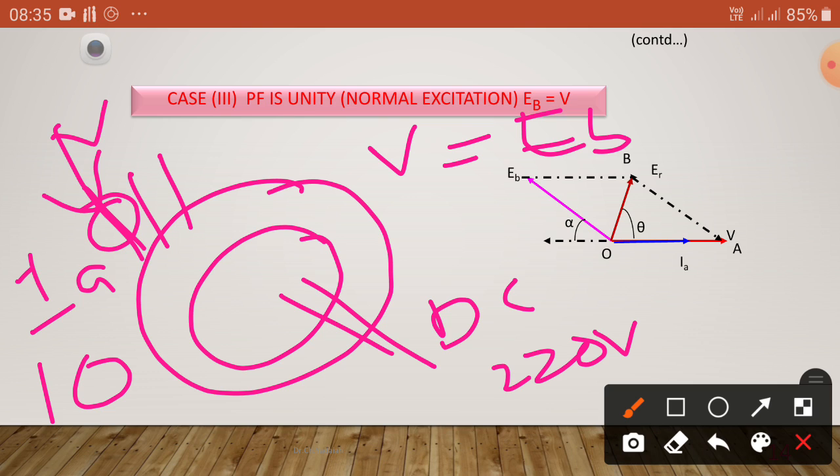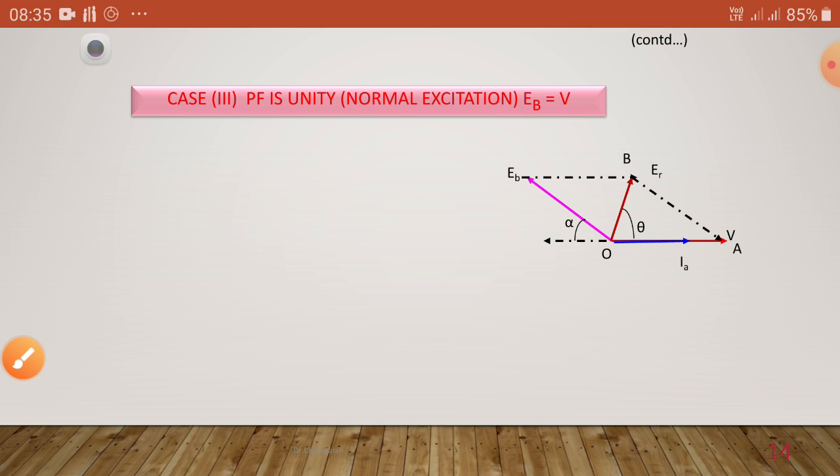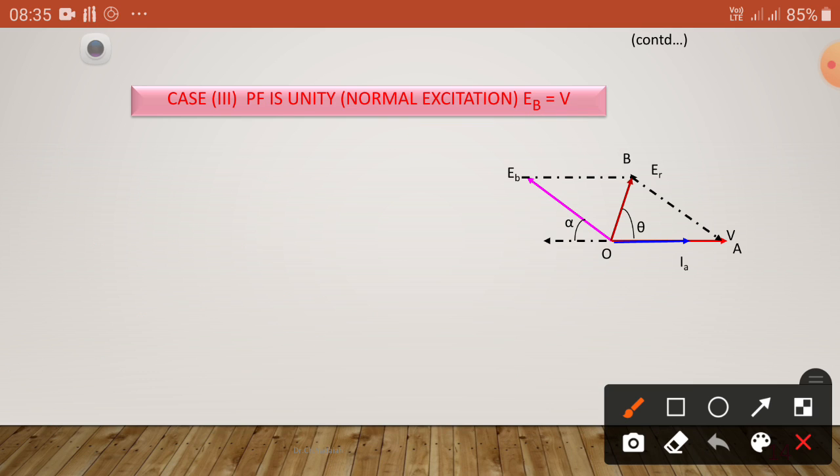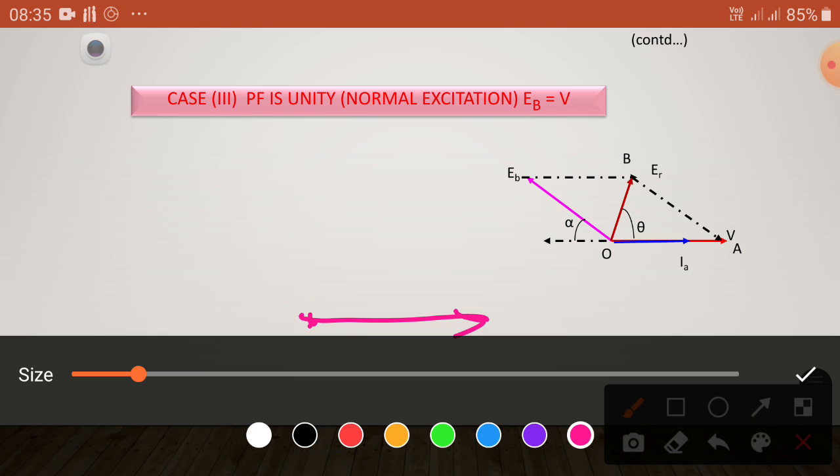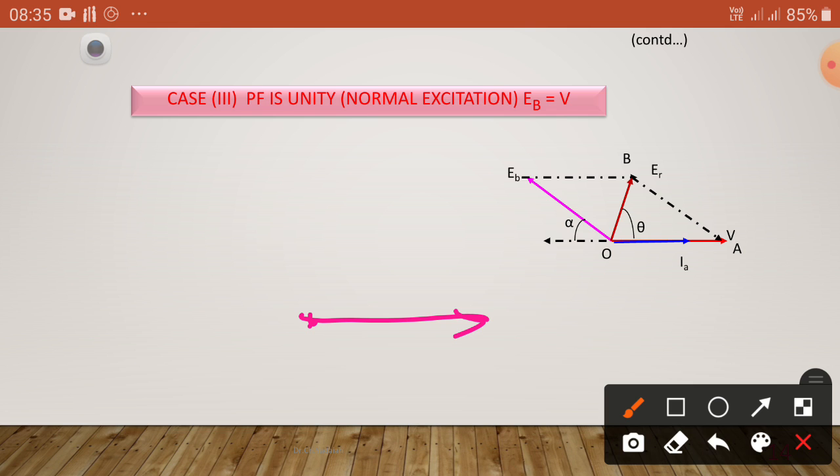Here you can see the vector diagram. This is the voltage as usual. In the previous cases you observed the lagging power factor in this direction and the leading power factor in this direction.